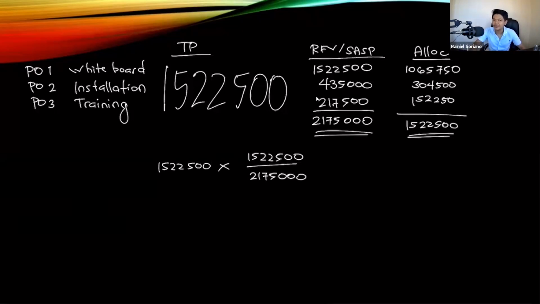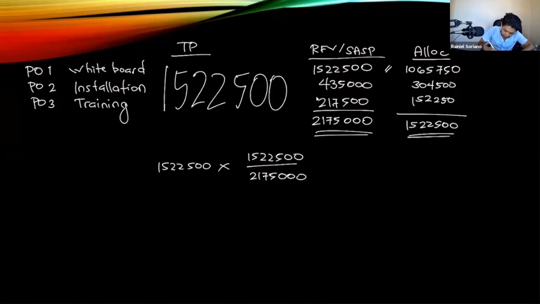So sir, bakit ganon? Bakit yung transaction price, yun din po yung relative fair value ng whiteboard service? Well, ganito kasi yan. In our previous standard, which is IAS number 18, right? Kapag meron tayong main product and then apparently meron tayong freebies, that revenue or the transaction price is only allocated to the main product.